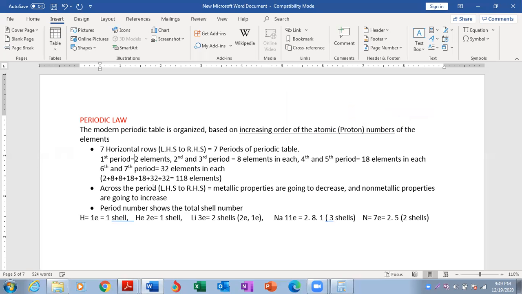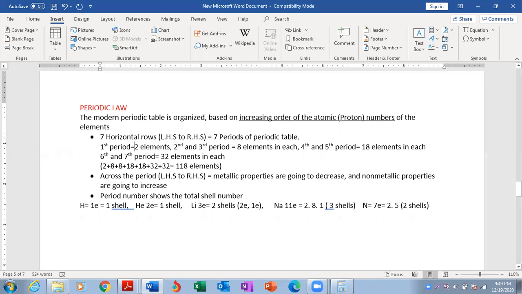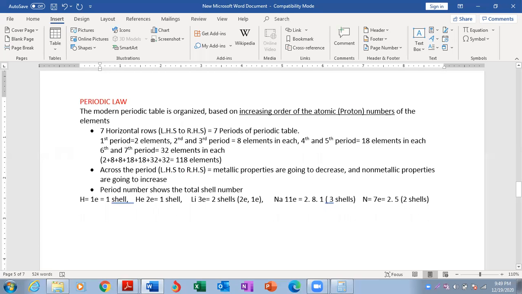So my dear student, now this is about the horizontal periods. We have not discussed the columns. In our tomorrow class we will discuss about the columns. Got it? These are the main points that you need to understand.